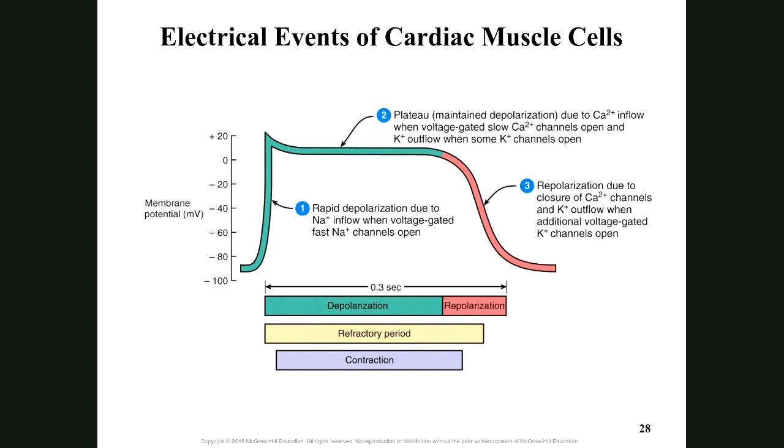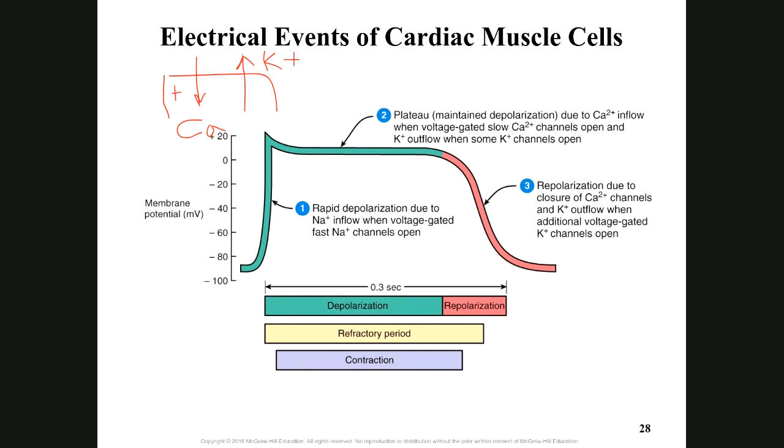Look at here. This is the cell and the cell membrane. Calcium ion come to our cell, and at the same time, potassium ion leave our cell. So one positive ion inside, one positive ion leave the cell.